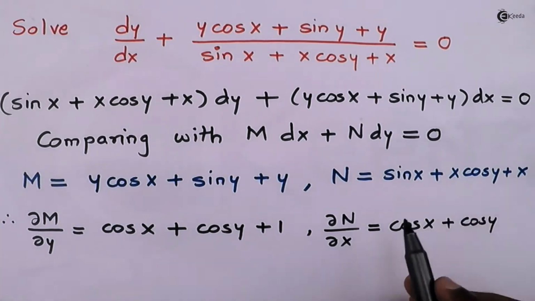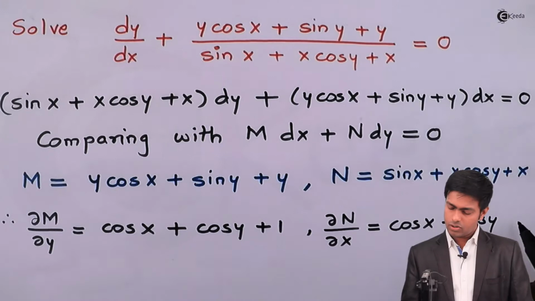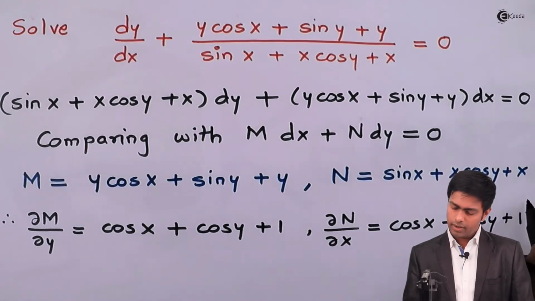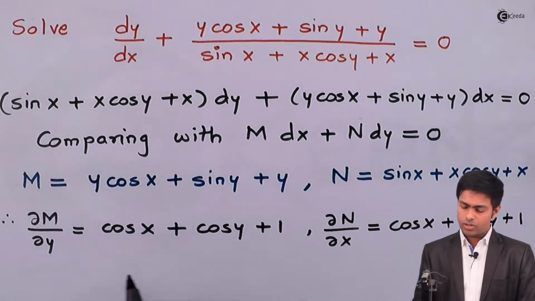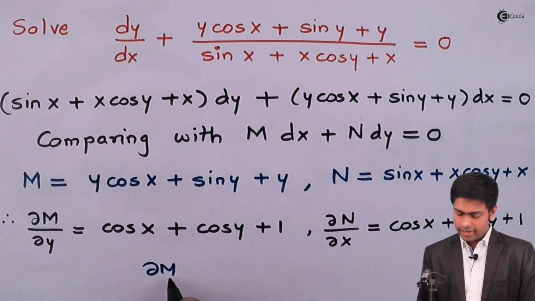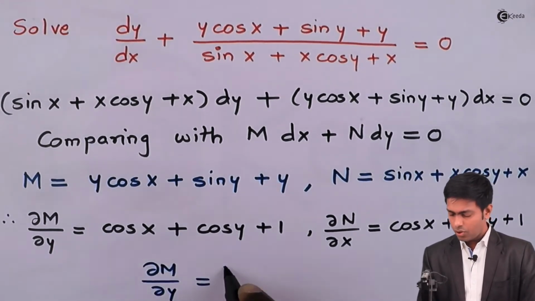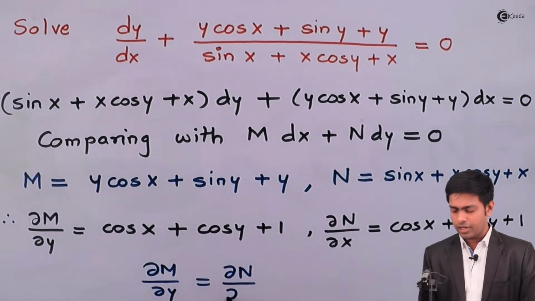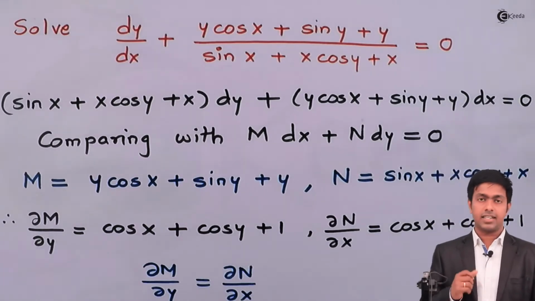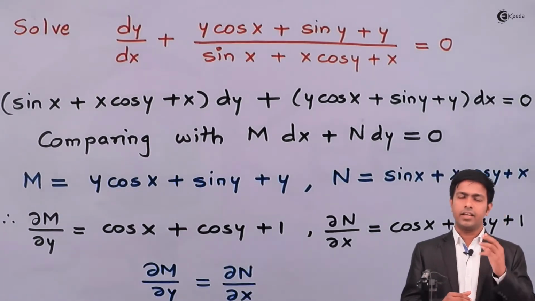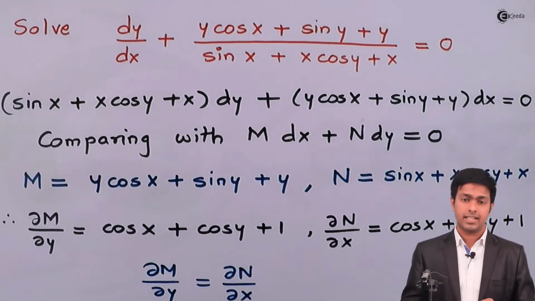Derivative of x with respect to x is 1, so here we'll get 1. And guys, now if you see these two values, they are exactly the same. So dou M upon dou y is equal to dou N upon dou x, and whenever this condition is satisfied, we say the given differential equation is exact.